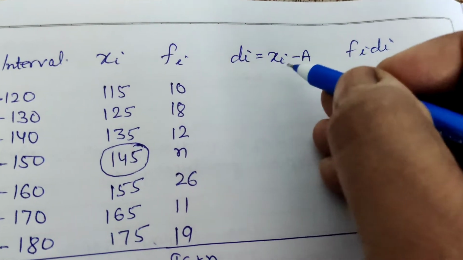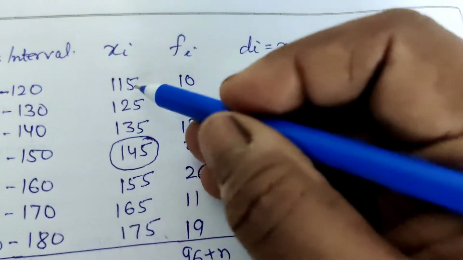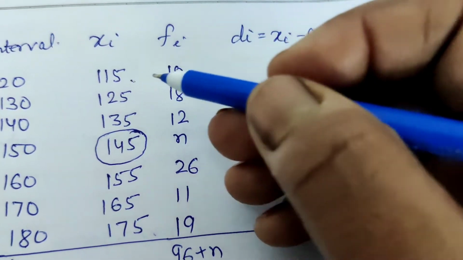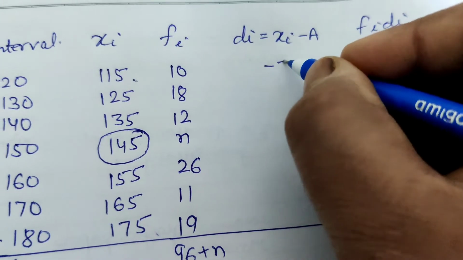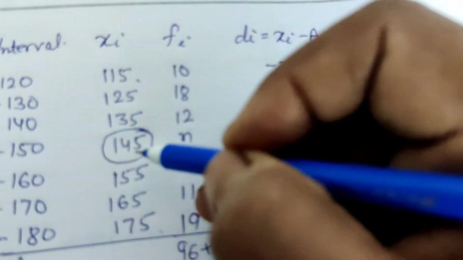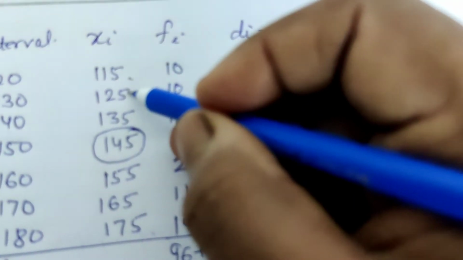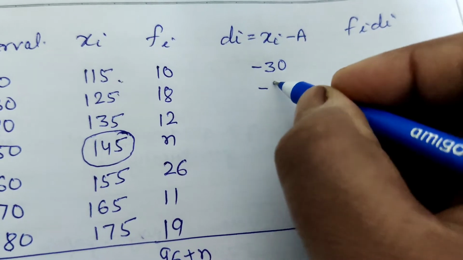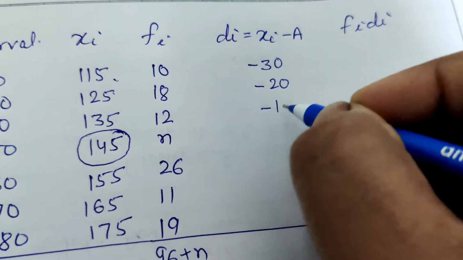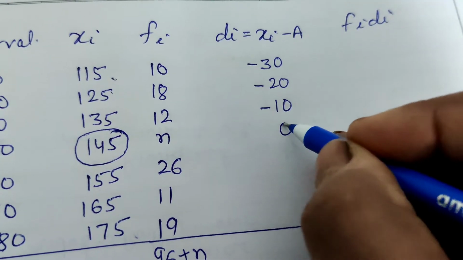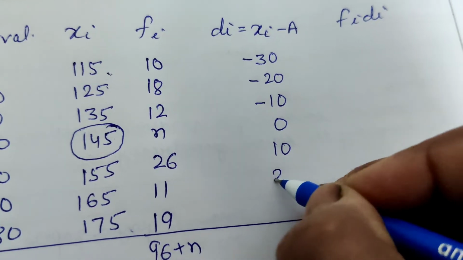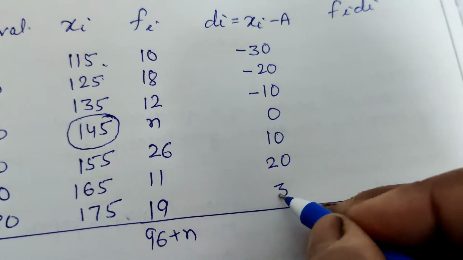Find di equal to xi minus a. It means 115 minus 145. We get minus 30. हर xi में से 145 को घटाना है. 125 minus 145 we get minus 20, minus 10, 0, 10, 20, 30.